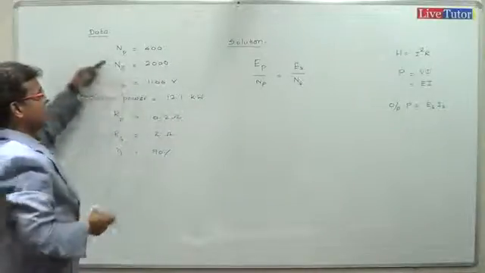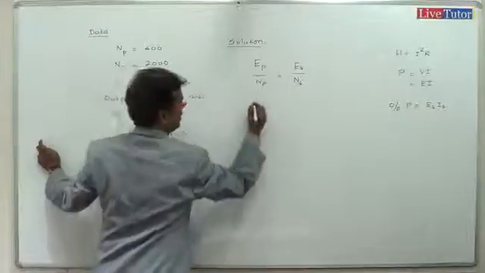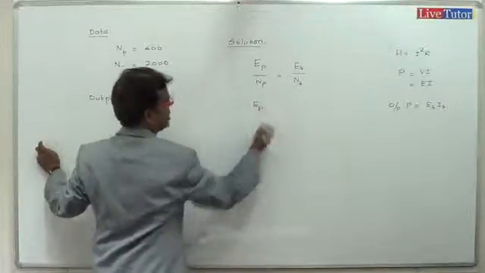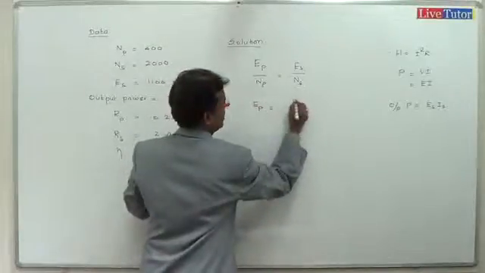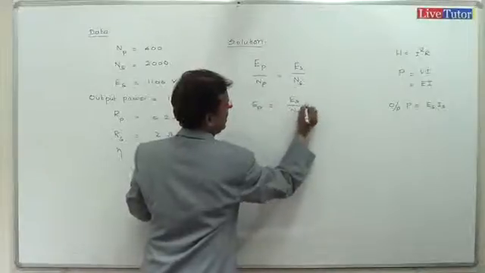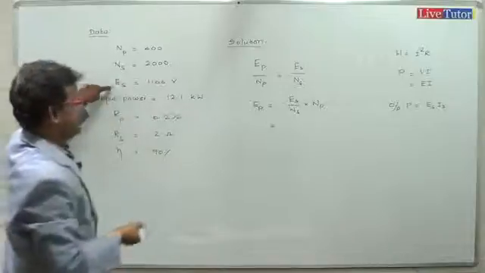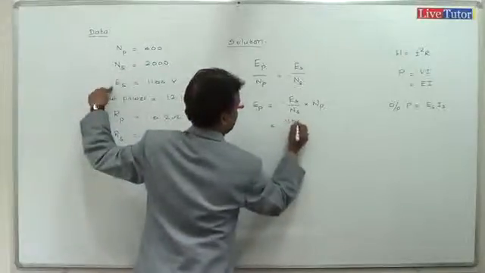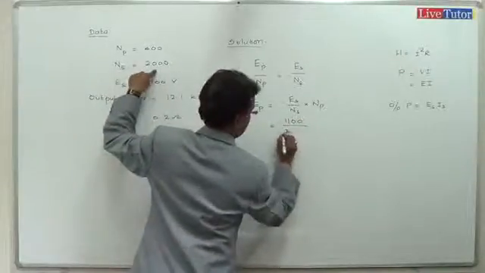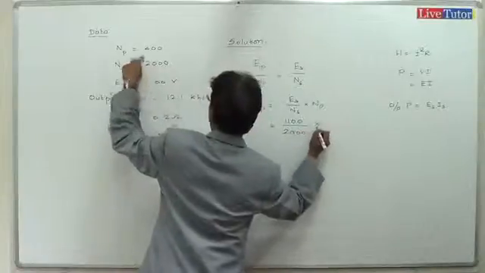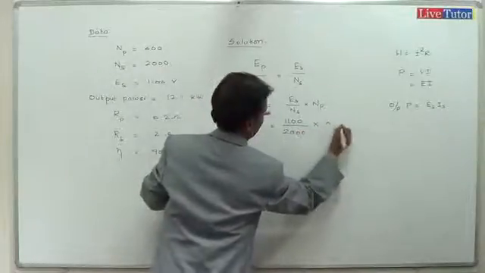Here NP is given, ES is given, NS is given. All three are given. Using this we can find out EP. So EP is equal to ES by NS into NP. Substitute ES is 1100, NS is 2000, NP is 400.